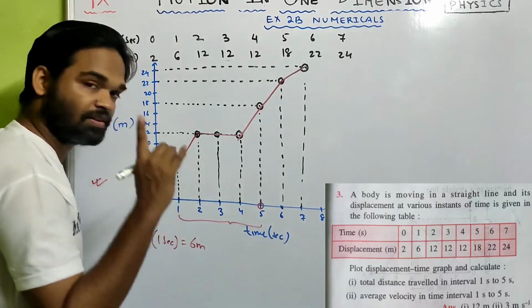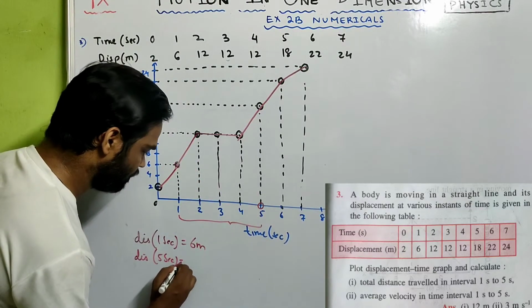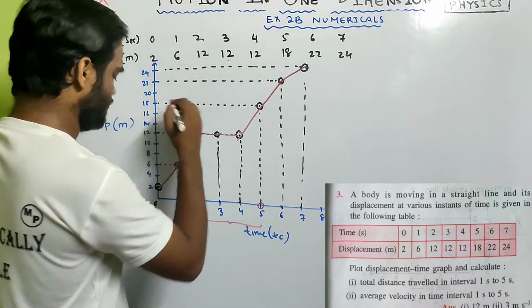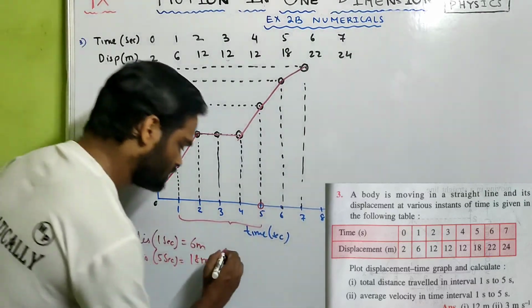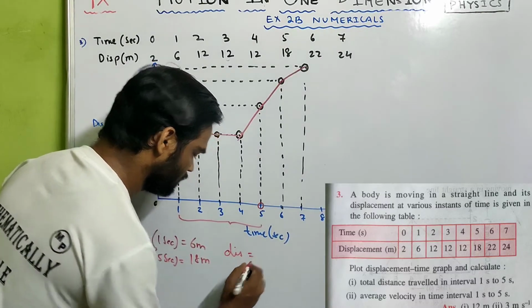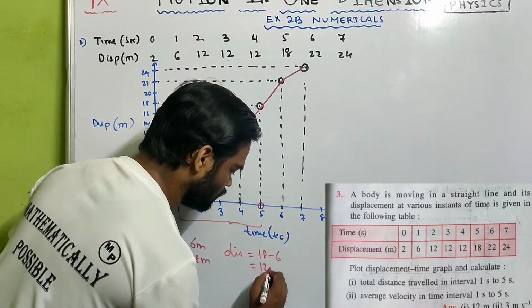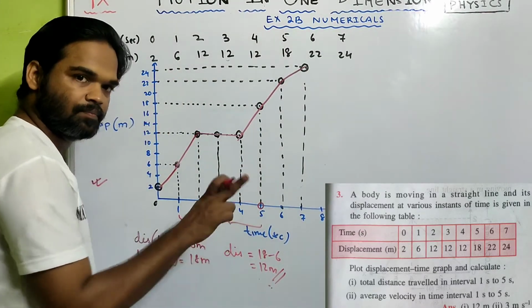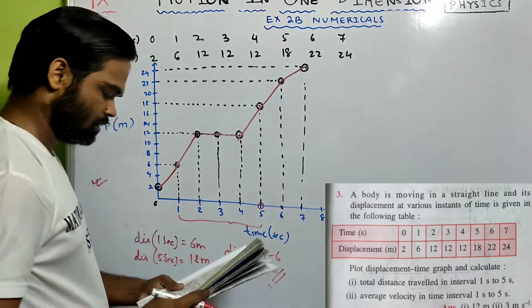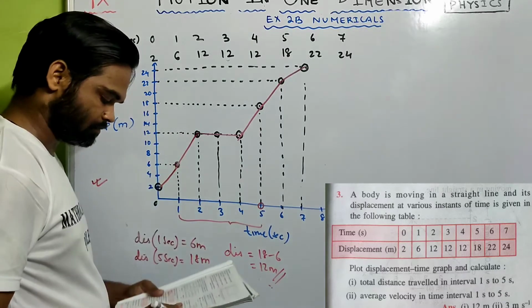And displacement after 5 seconds was 18 meter. So the distance traveled will be the difference of these two. 18 minus 6, that's 12 meter. That will be the distance traveled during this time interval. Okay, because it started with 6 meter.